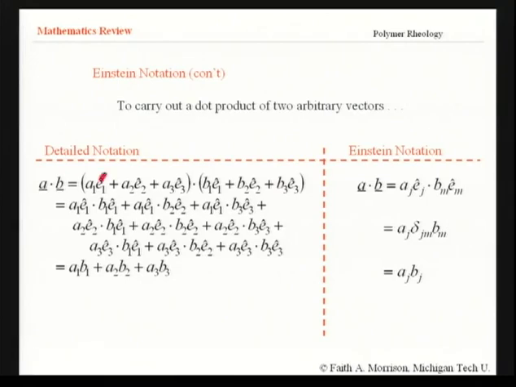And we do all this distributive law business, get all 9 terms, allow like vectors, 1 and 1 to give 1, 1 and 2 to give 0, 1 and 3 dots to 0, 2 and 1 dots to 0, 2 and 2 dots to 1, 2 and 3, etc. And we get this result.